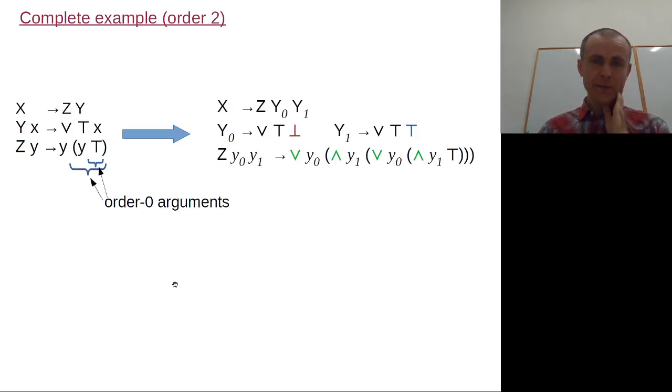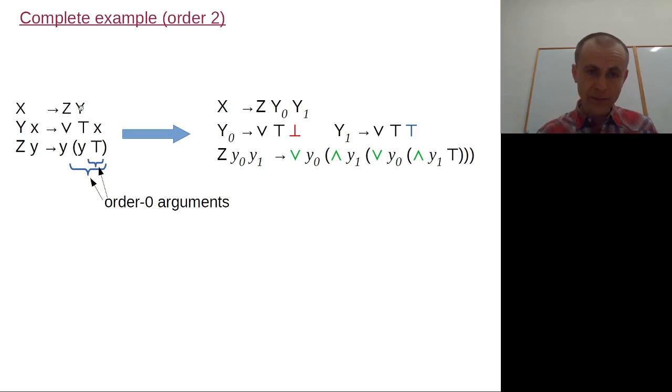For a more complex example here of order 2, we see that not only non-terminals have to be duplicated, but also all arguments that are of order 1 or higher, so all arguments that take some arguments of order 0. We have duplicated them, with two variants because we substitute.